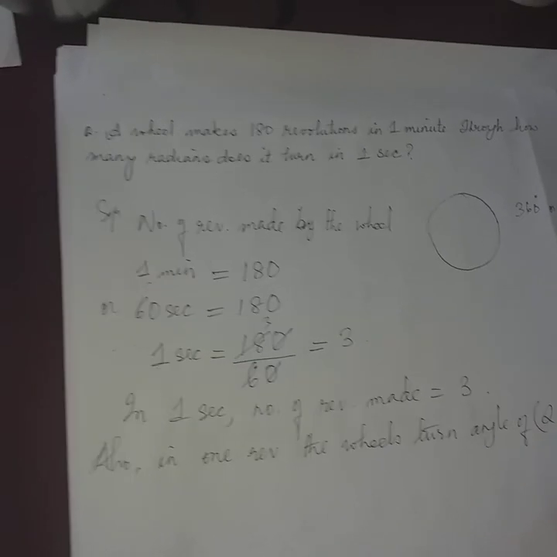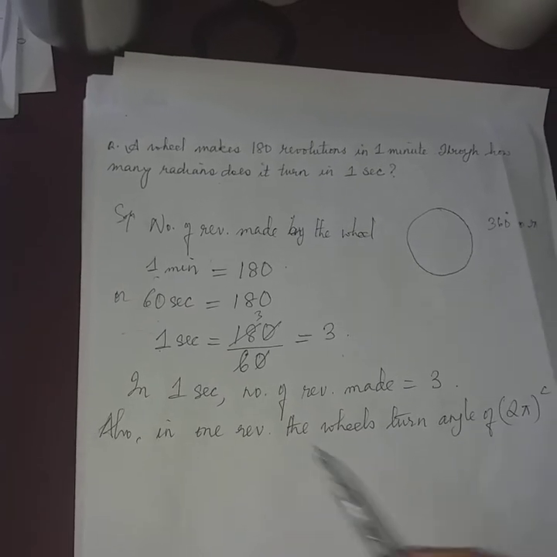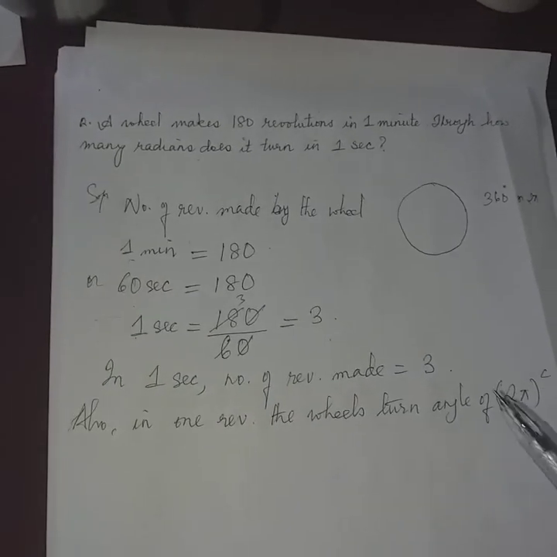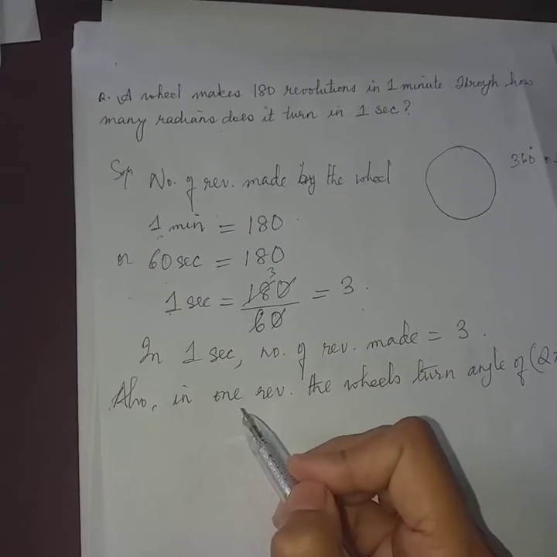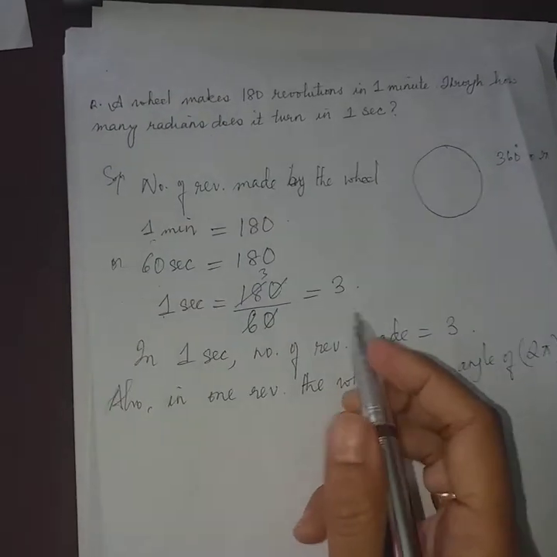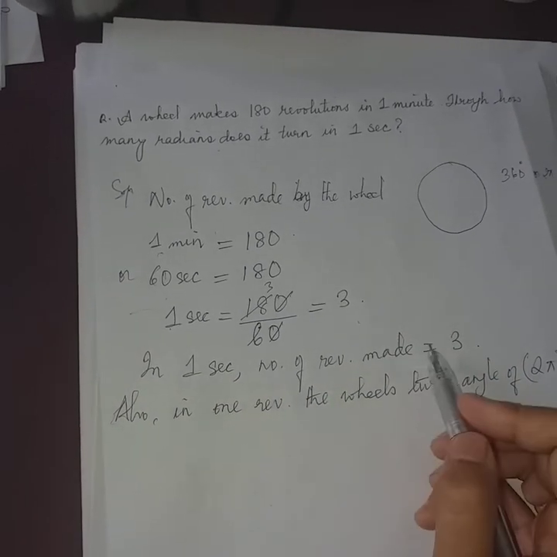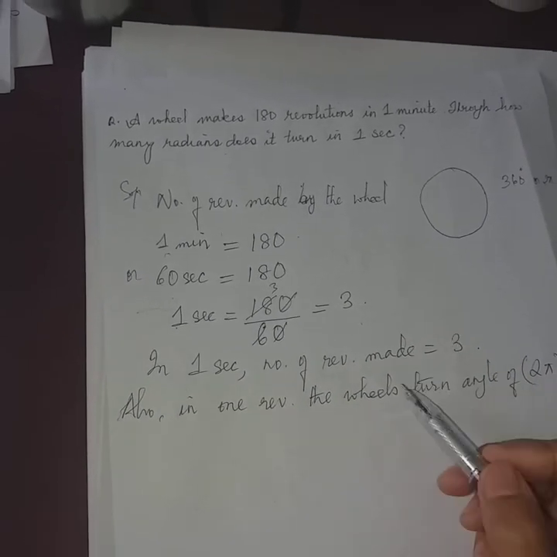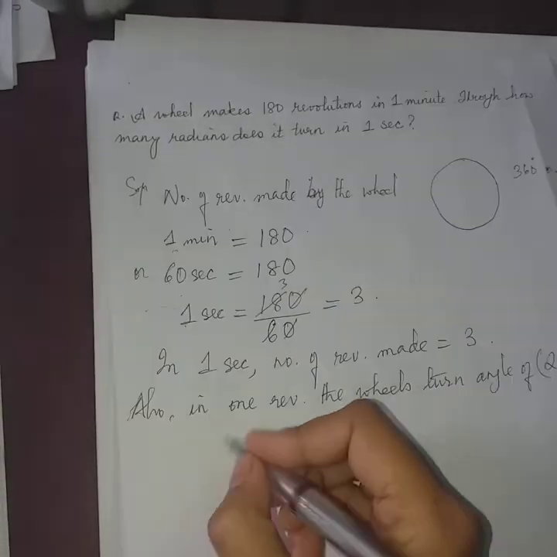Now we need the angle in radian, not in degree, so we write that in 1 revolution the wheel turns an angle of 360 degree, or in radian 2 pi. In 1 second how many revolutions are made? 3 revolutions. So in 3 revolutions how much angle will it turn? 3 into 2 pi.